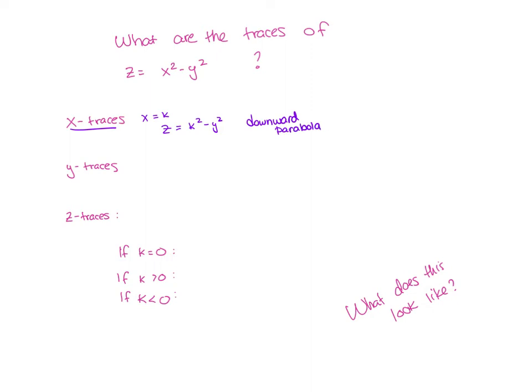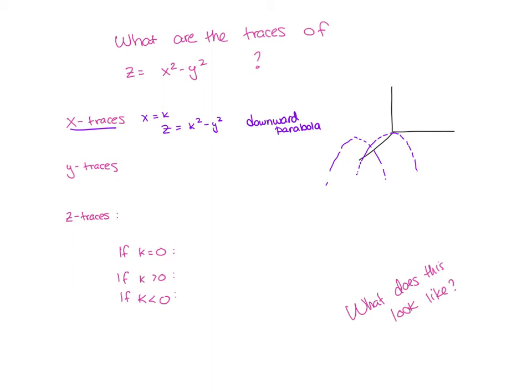So in the x direction here, I'm going to see this downward parabola. So at the origin, at x equals 0, I'm going to see this, and then it's going to be moving up some as we go out. But I've got those downward facing parabolas.